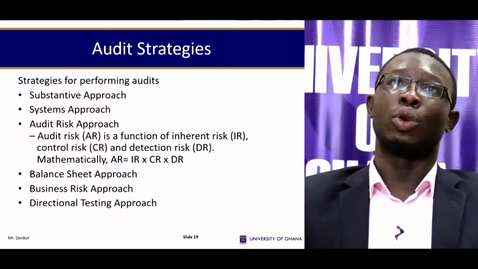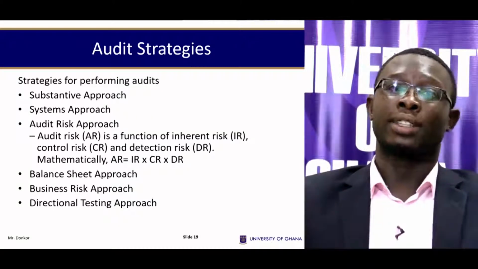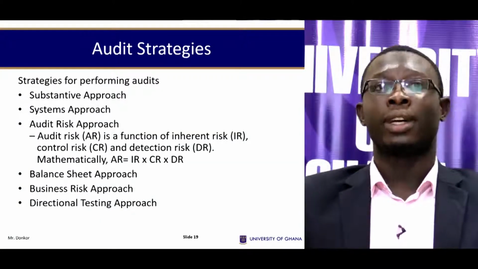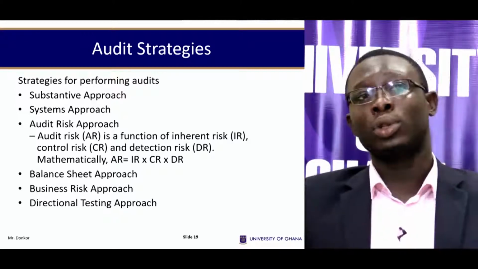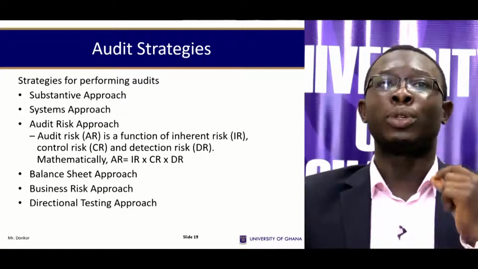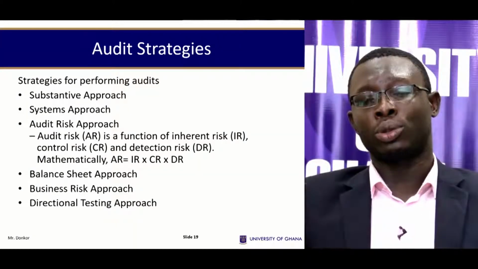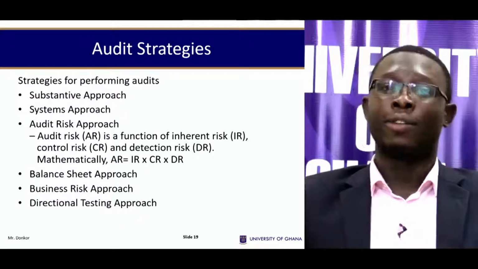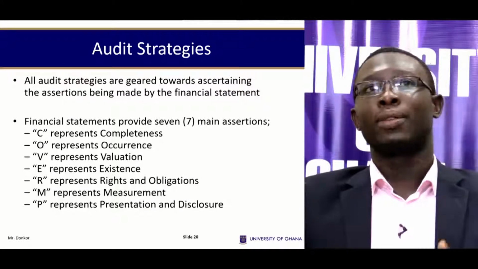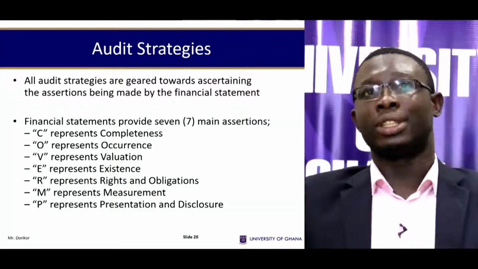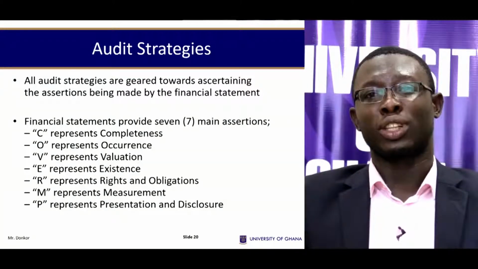Now let's turn our attention to audit strategies. Auditors use several strategies in going about their work. We have the substantive approach, the systems approach, the audit risk approach, the balance sheet approach, the business risk approach, and the directional approach. I will entreat you to read more about these various approaches. For the auditor to go about his work, these audit strategies are geared towards ascertaining the assertions being made by the financial statement.